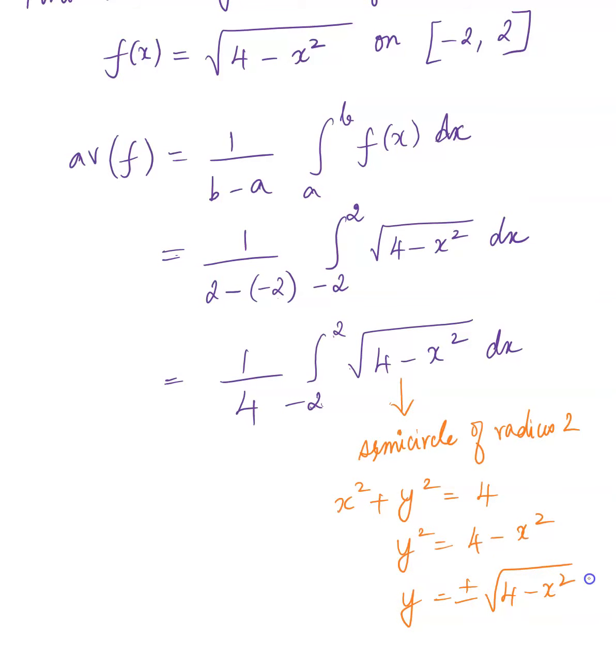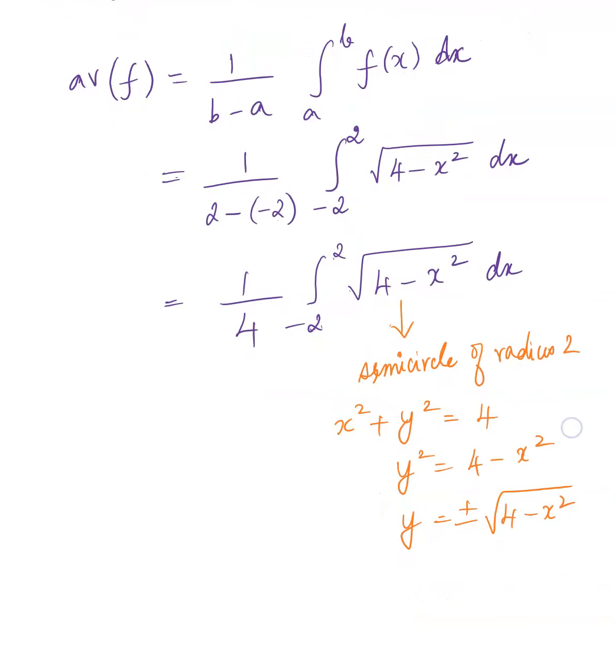Now the positive root would be the upper semicircle, and the negative root will be the lower semicircle. Together it forms the circle. So here we are talking about the positive root, therefore it's the upper semicircle. And of course, the integration limits also indicate that the radius is from negative 2 to 2, so its radius is 2 on either side, because the center was 0, 0.